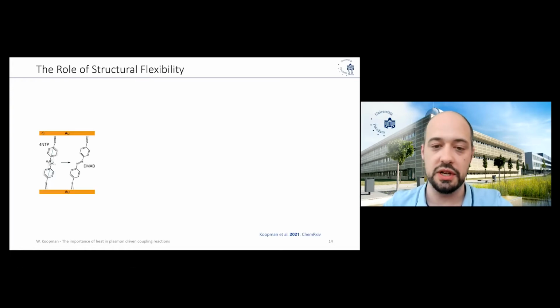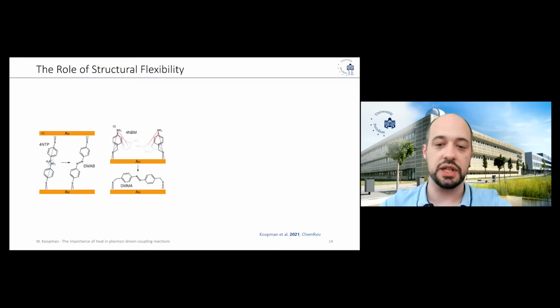Now, this was a theory, and we tried to confirm it by comparing it to a second type of dimerization reaction from a molecule which is structurally very similar to 4-NTP. It's this 4-MBM molecule. It's basically the same. The only thing is that we now have a methyl group, which makes the whole thing a bit more flexible. It can move a bit better, and therefore it needs less energy to reorganize.